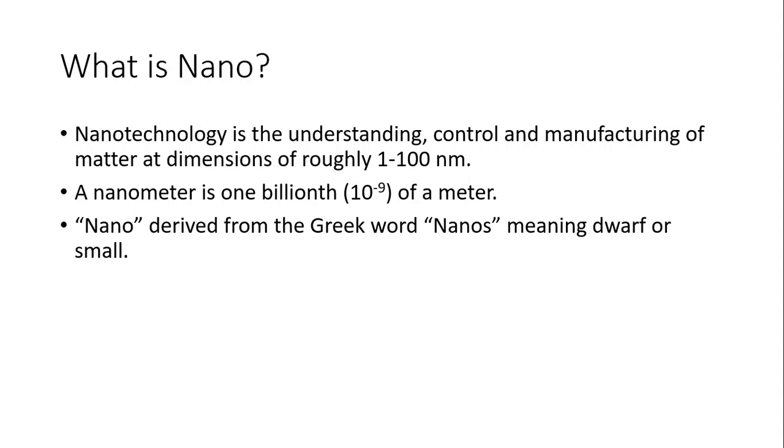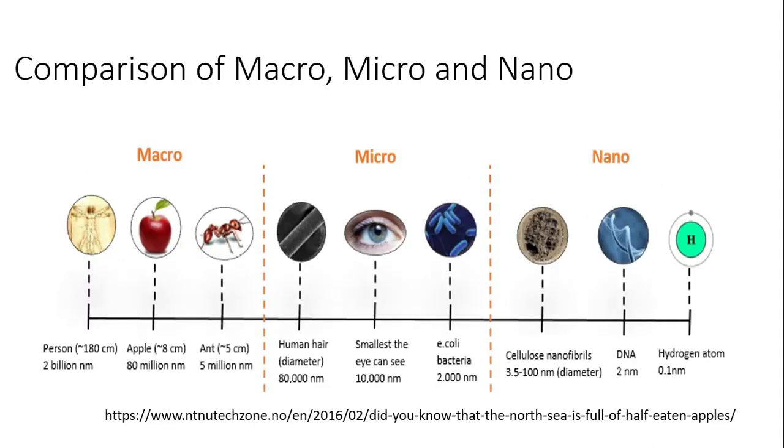Now first let us understand how we can compare macro, micro and nano scale. Nano can be like a cellulose nanofibril, it can be a DNA which is in the range of 2 nanometers, a hydrogen atom that is 0.1 nanometer.